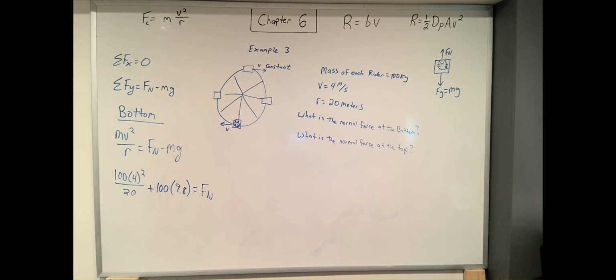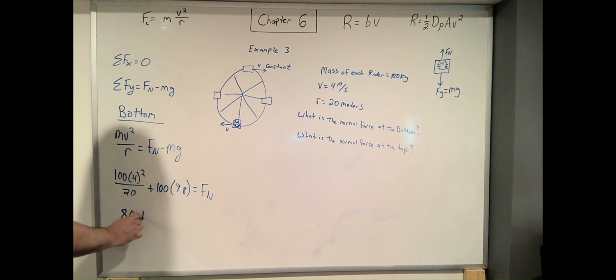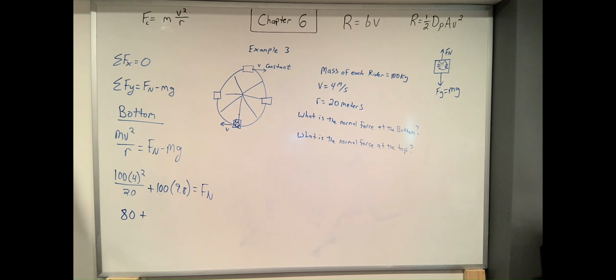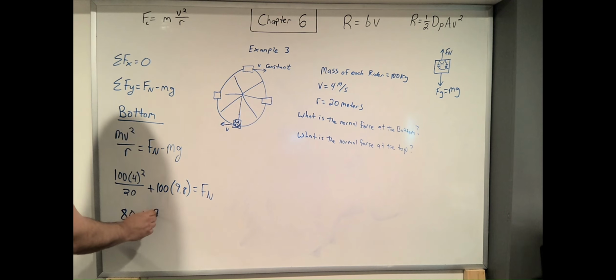All right, let's plug that into our calculators and see what we end up getting. We've got 100 times 4 squared, which is 16, divided by 20. This gives us 80 here. Sorry, not the whole problem. This gives us 80 plus, of course, 100 times 9.8 gives us our 980.